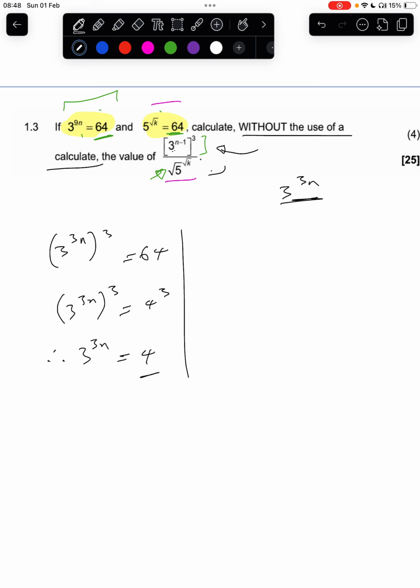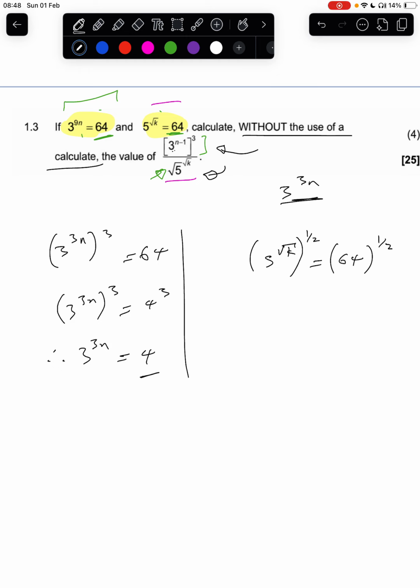Now this one here we have 5 to the power of root k, whereas down here we have what? Root 5 to the power of root k. So let's try to make this one similar to that. We can do that by actually taking the square root. We'll take the square on both sides by raising this to the power of half.